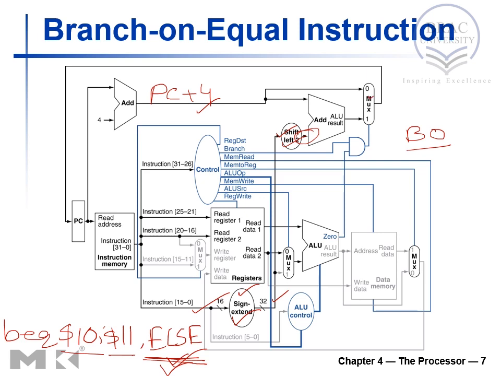This multiplexer has the option to select this one and to select this one. If it is branch equal to, that means the program needs to take a branch, then it would select PC plus 4 plus branch offset, this port. But if it is sequential execution, then it will select this one.